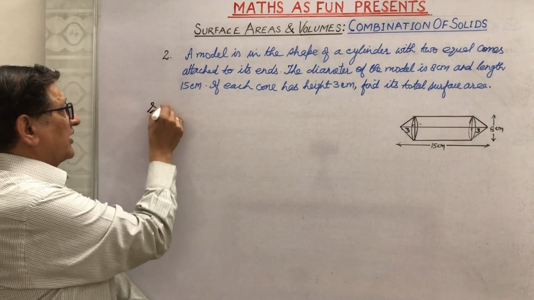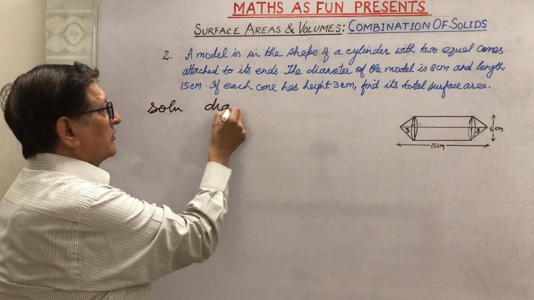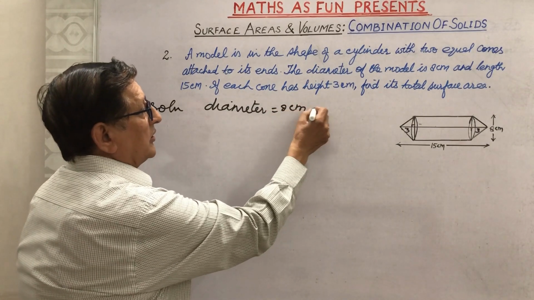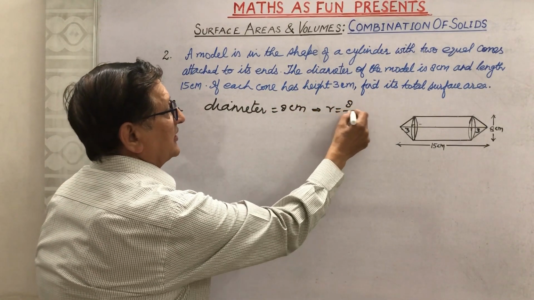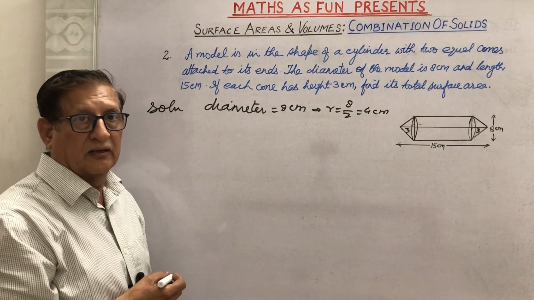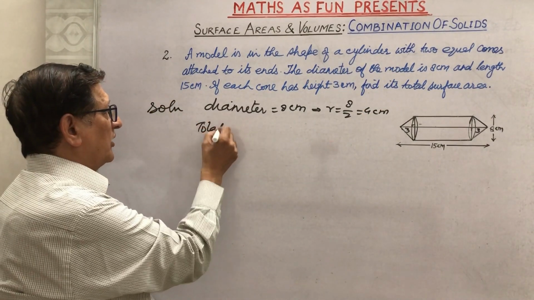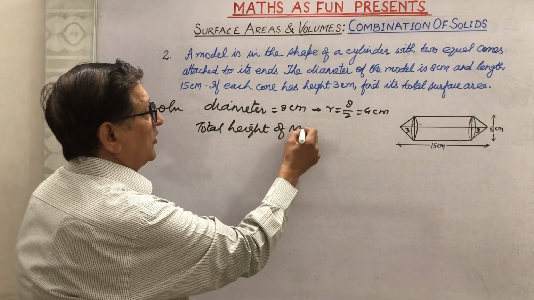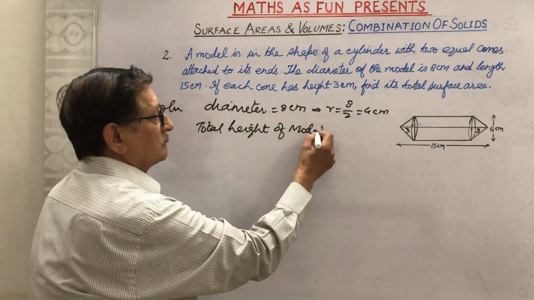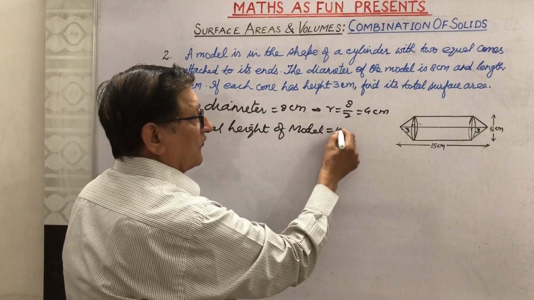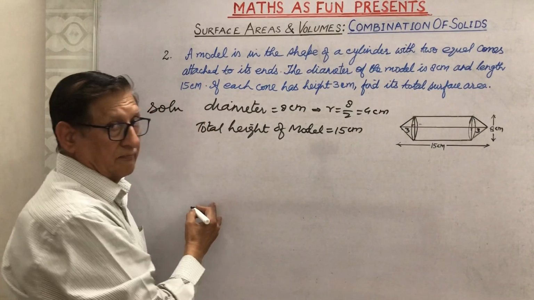For the solution, we write here diameter is equal to 8 centimeters. It means the radius is 8 by 2, that is 4 centimeters. The total height of the model is given as 15 centimeters.